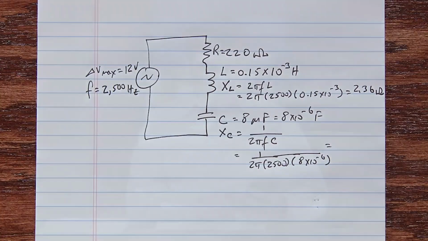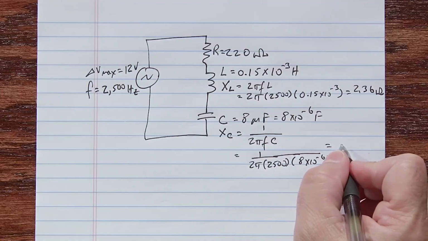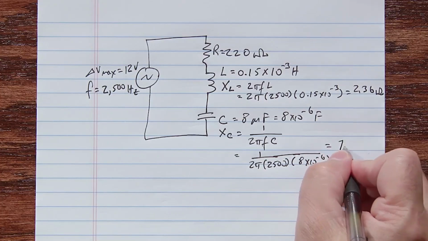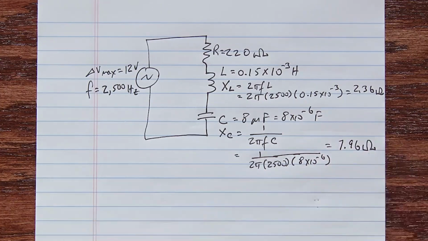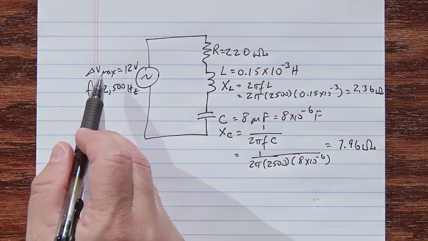And the capacitive reactance is 1 divided by the quantity 2 times pi times 2,500 times the capacitance 8 times 10 to the minus 6, and that gives us a capacitive reactance of 7.96 ohms.